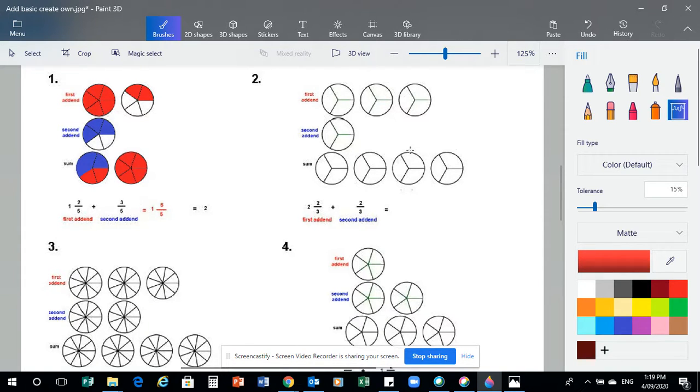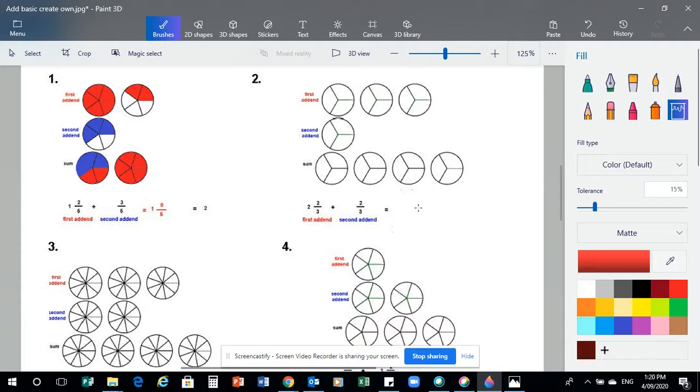Okay, you need to do the same with this. Okay, so in red, you need to shade 2 whole pieces and then 2 out of the 3 pieces on the next one. Then in the blue one, you need to shade 2 out of the 3 pieces. Then down here, you need to shade this plus this, and then you write down what the answer is.